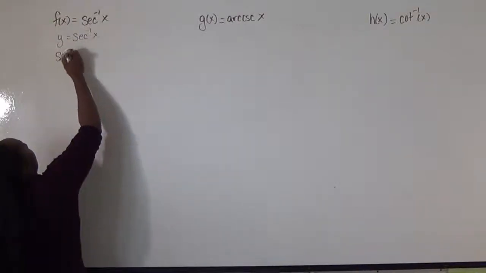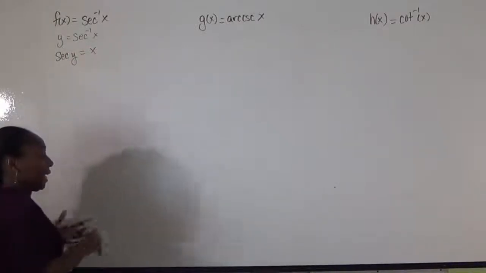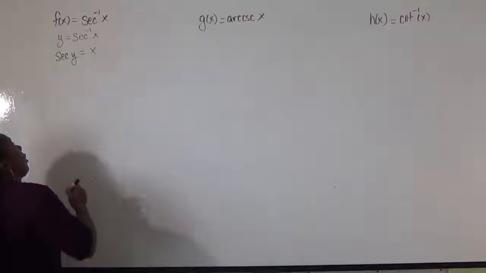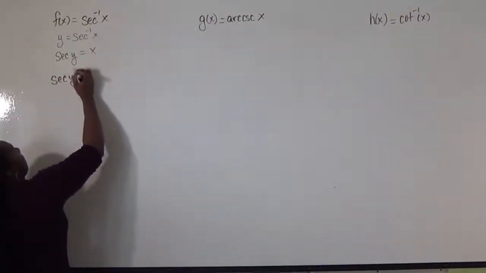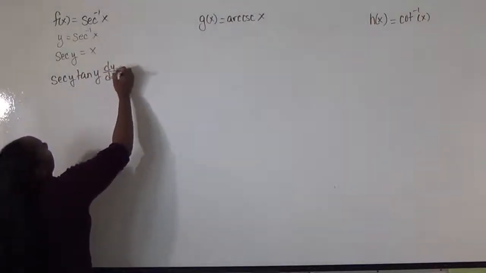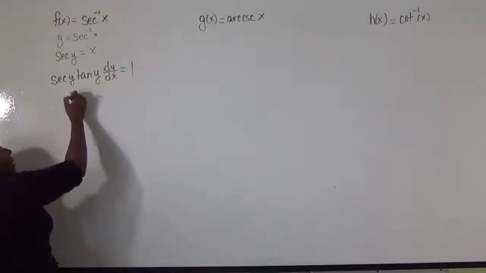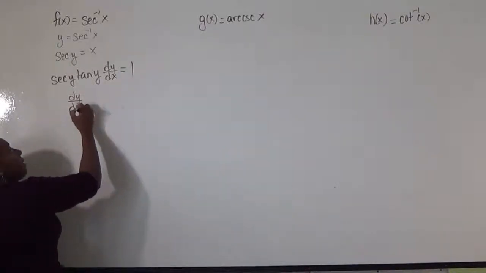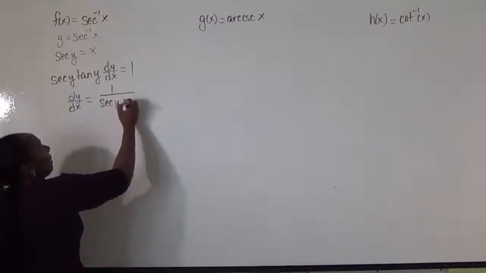So secant of y will equal x. Again, using our implicit differentiation, the derivative of secant is secant tangent, and that's going to equal 1. So dividing out by that, dy/dx will equal 1 over the secant of y tangent of y.